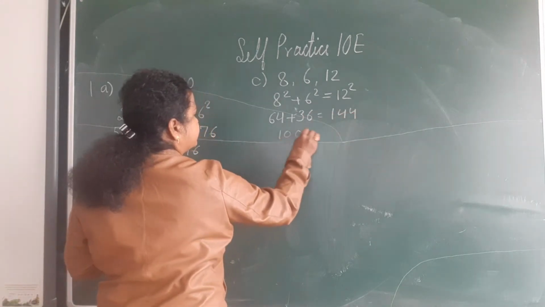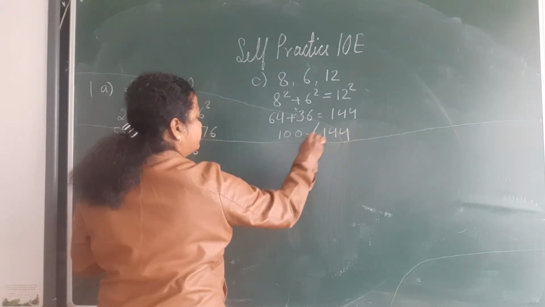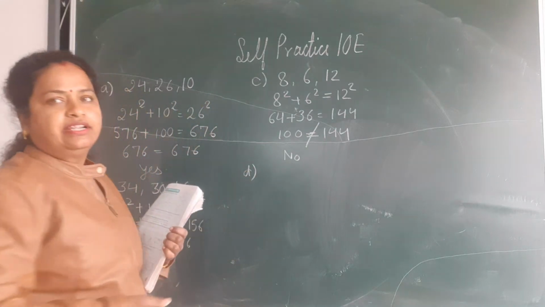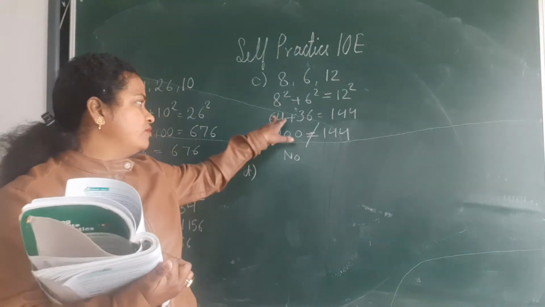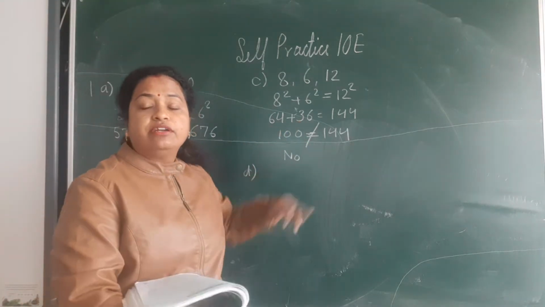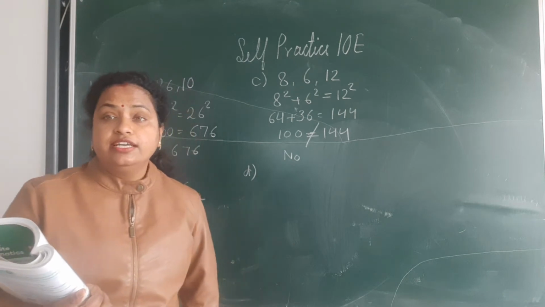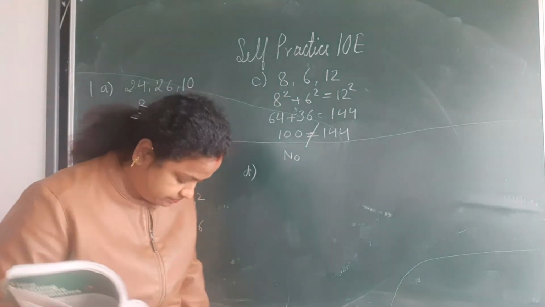Now you got this as 100 and this is 144. They are not equal to each other. So they do not follow the Pythagorean triplet, because the sum of these two is 100 but here you want 144.